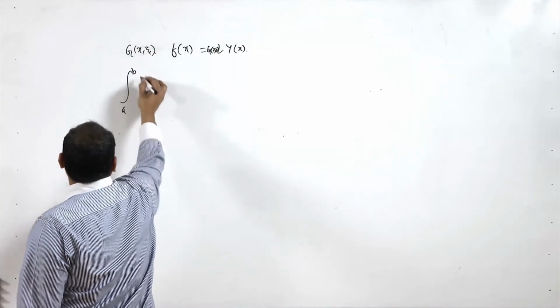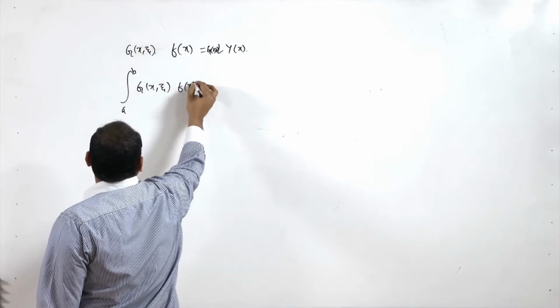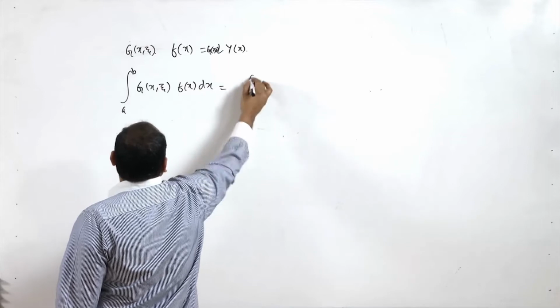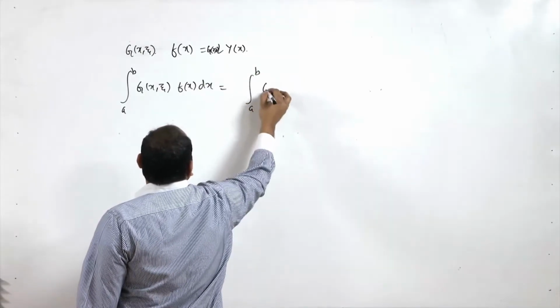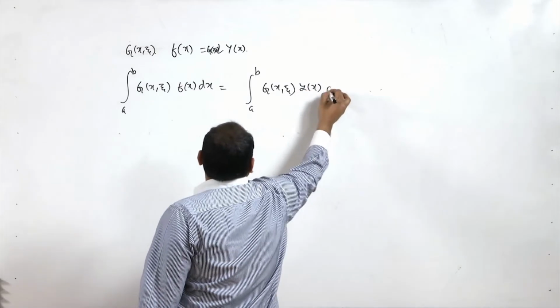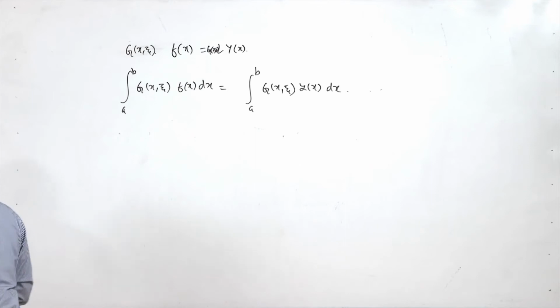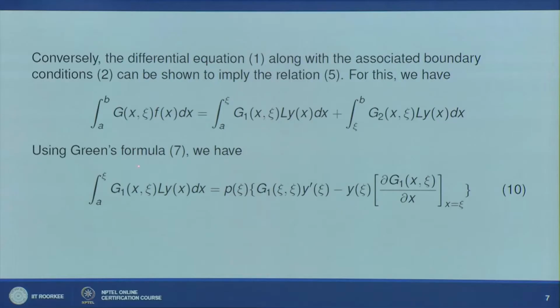So the integral from a to b of g x xi f of x dx equals the integral from a to b of g x xi Ly of x dx.